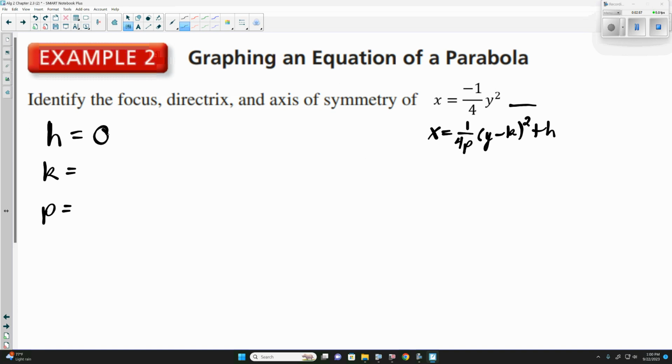We don't have a set of parentheses anymore, y minus k, with a value added or subtracted to y inside of them. So the value of k is also 0, because we don't need those anymore. y minus 0 squared is just y squared. We can just rewrite it as y squared. We don't need the parentheses.